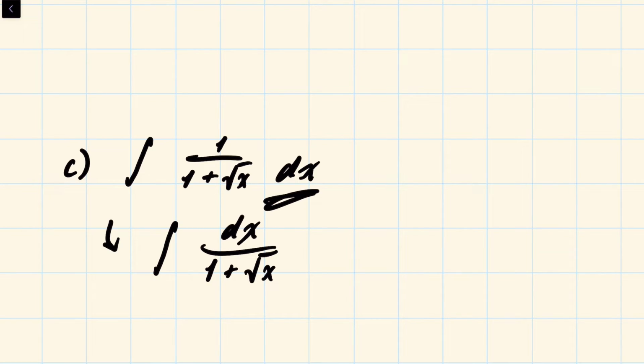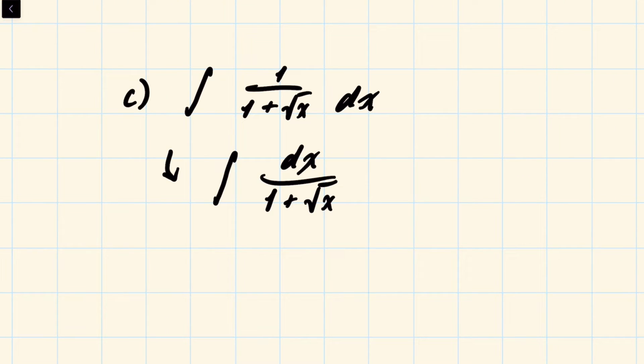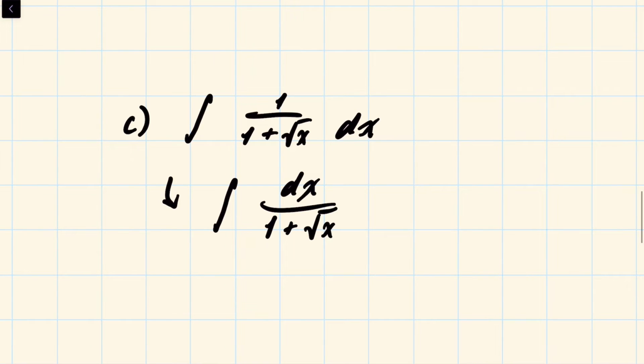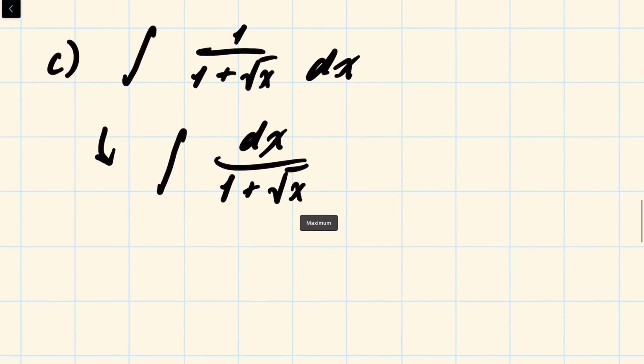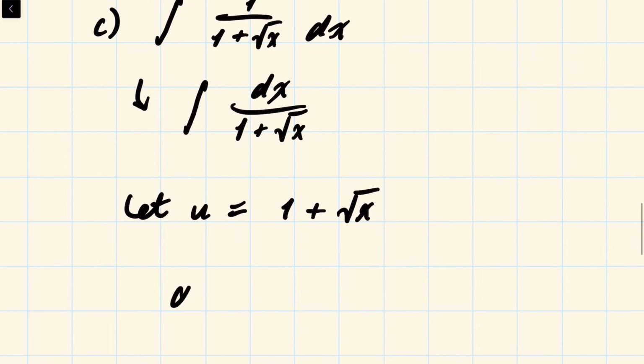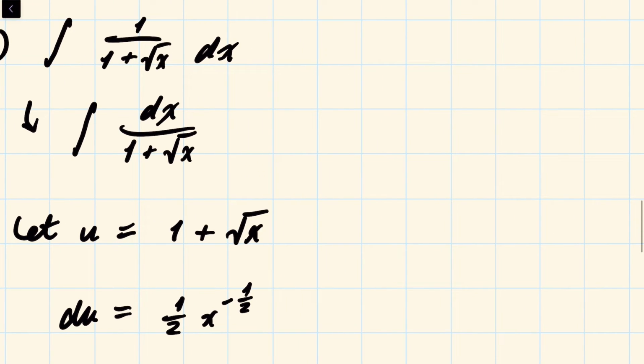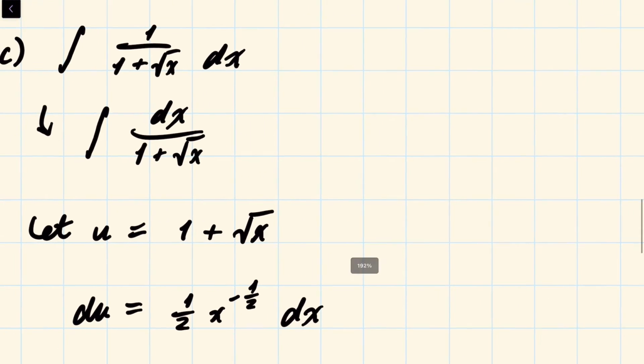Okay. So, what am I gonna make u here now? I think I will make it 1 plus root x. So I'm gonna say let u equal 1 plus root x here, because when we differentiate this, we're going to get half of x to the negative half dx, right?